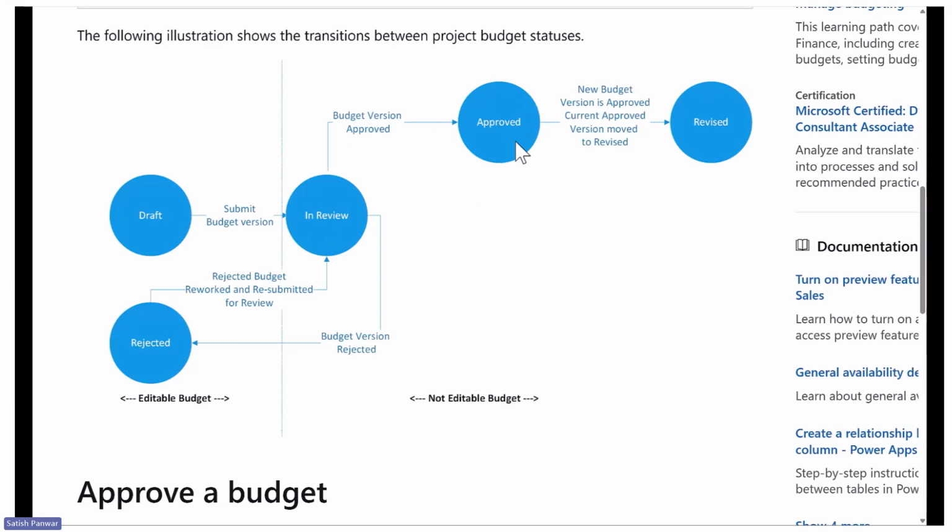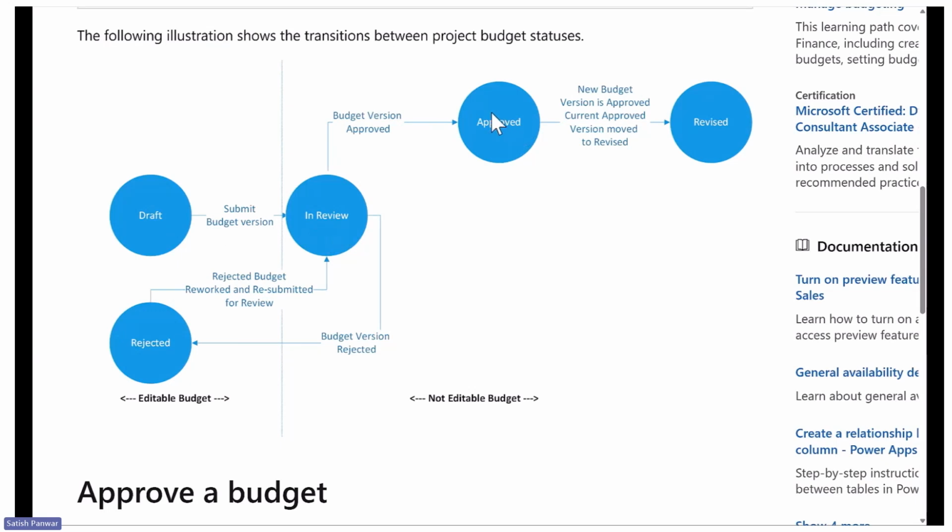This is very important. In a case where you want to revise a budget, the approved budget version can be moved to a revised state, and that has to go through a process of creating and revising a budget, which will actually create a budget version in a draft state, and you update the needed details in that revised version, and again submit for an in review, which, if approved, will become a new approved version.